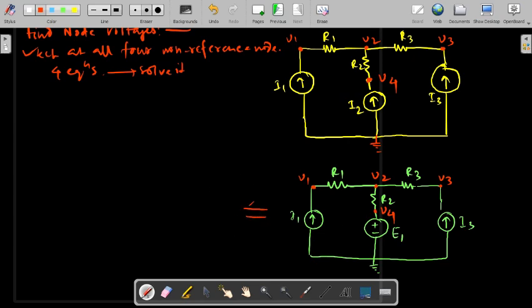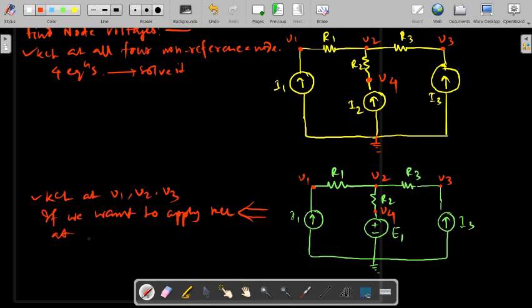For this circuit, we will apply KCL at V1, V2, V3. And if we want to apply KCL at V4, it is actually not possible. Not possible is not the correct word. So for V4, actually this is not needed.